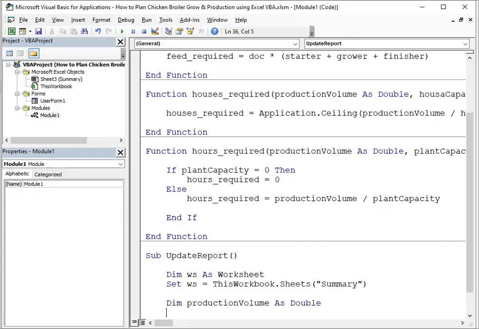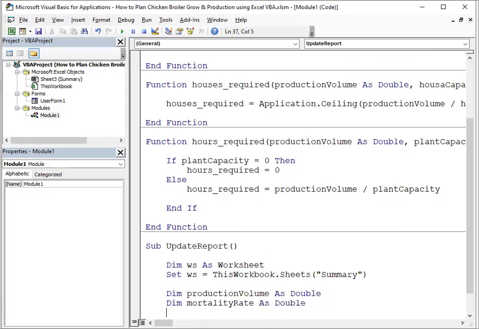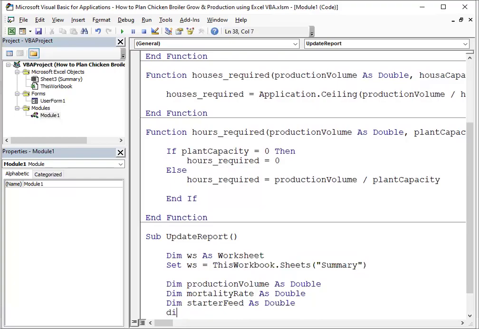Then Dim mortality rate As Double again. Then the next one would be the starter feed: Dim starter feed As Double. Then Dim grower feed As Double.